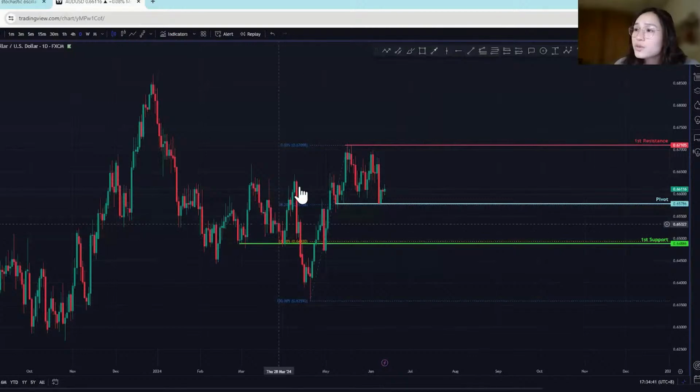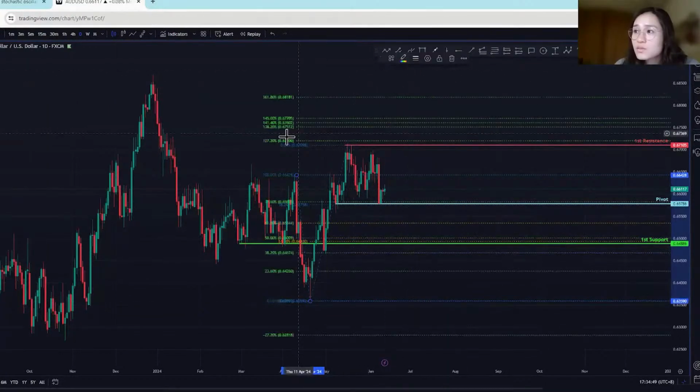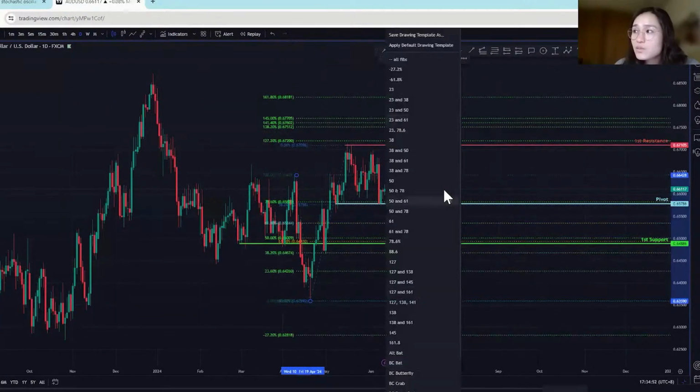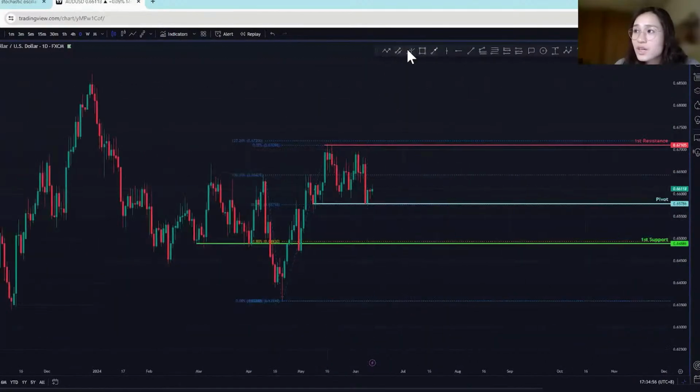Now I'm going in with a Fibonacci extension. My 127 lines up with my first resistance. For that, we used this Nike tick shape that you see here. Let's see if we have any projections.